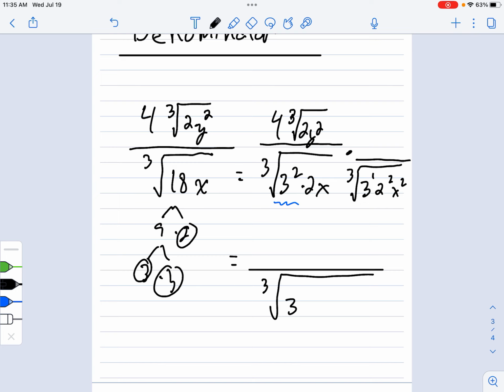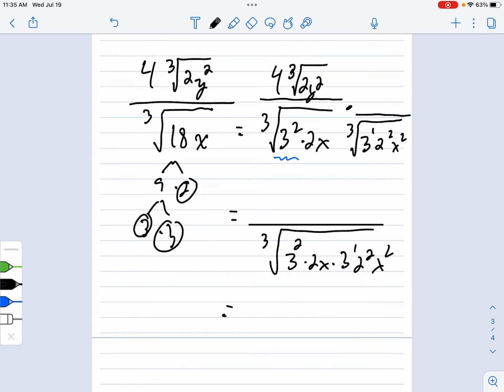So this would be 3 squared 2x times 3 to the first 2 squared x squared. That gives you the cube root of 3 to the second and 3 to the first make 3 to the third, 2 to the first and 2 to the second is 2 to the third, and x squared is x to the third. That is what occurs with that radical.